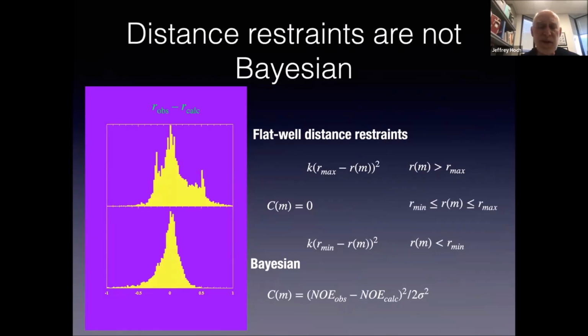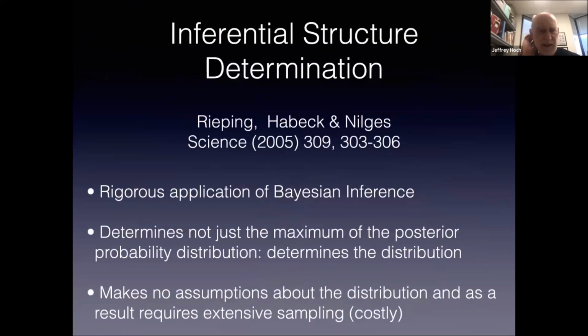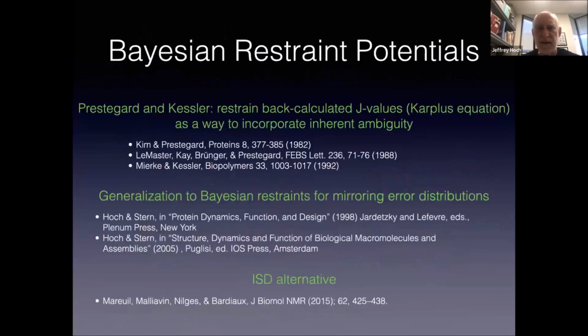A very simple solution is, instead of using a flat well potential, to use something that doesn't give rise to a fictitious force at the boundaries. One way to do it is to simply put a restraint on the calculated NOE value rather than on a distance, and you get a smoother distribution, as you see in the bottom here. This basic idea, let me jump ahead here since I'm running a little long, isn't terribly new.